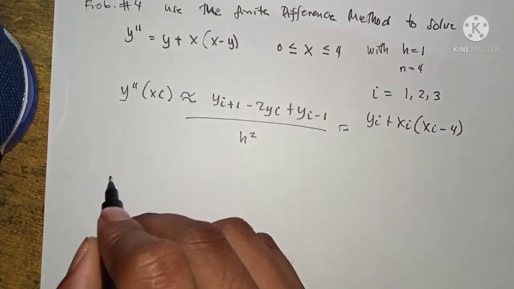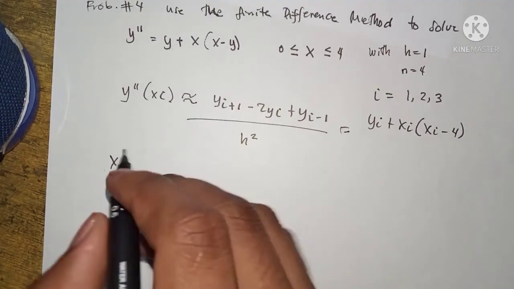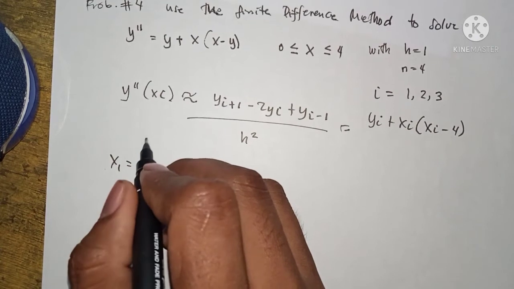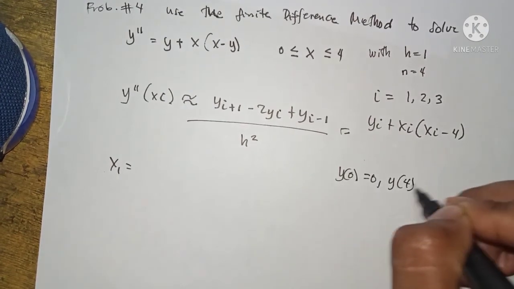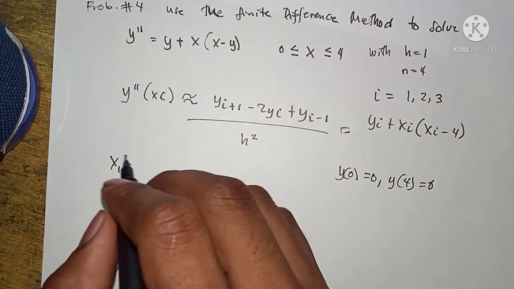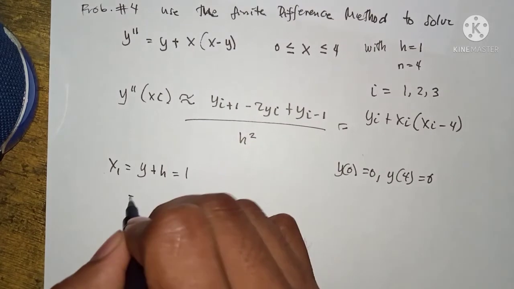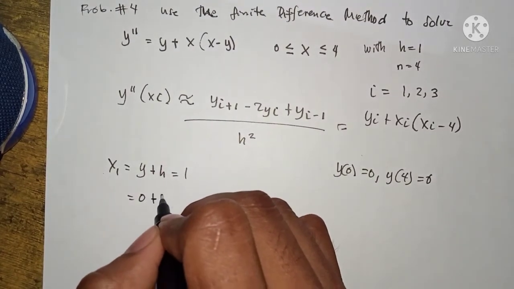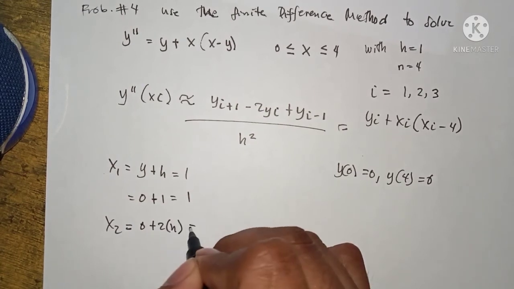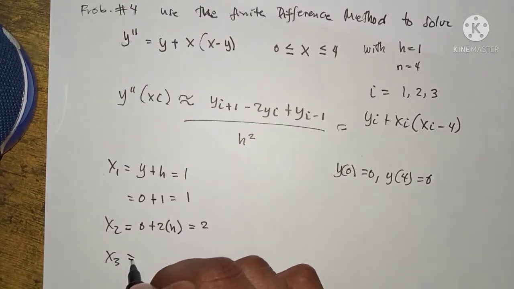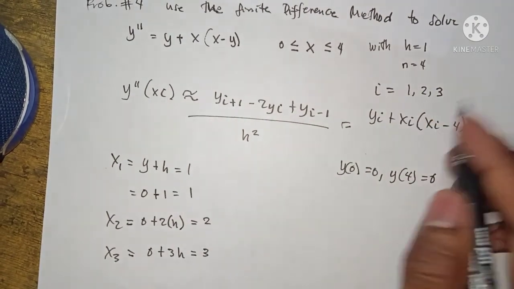Let's find x1, with y sub 0 equal to 0 and y sub 4 equal to 0. So x1 is 0 plus h, and since h is 1, x1 is 1. x2 is 0 plus 2h, which is 2. x3 is 0 plus 3h, which is 3. So our i runs from 1, 2, up to 3.